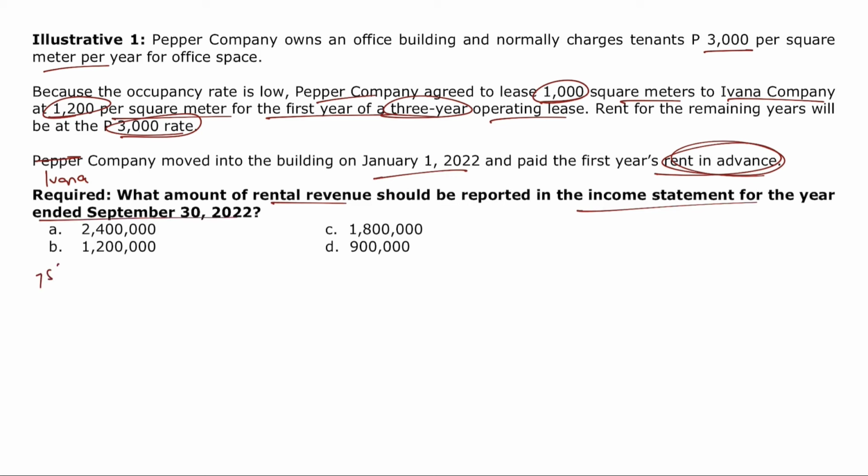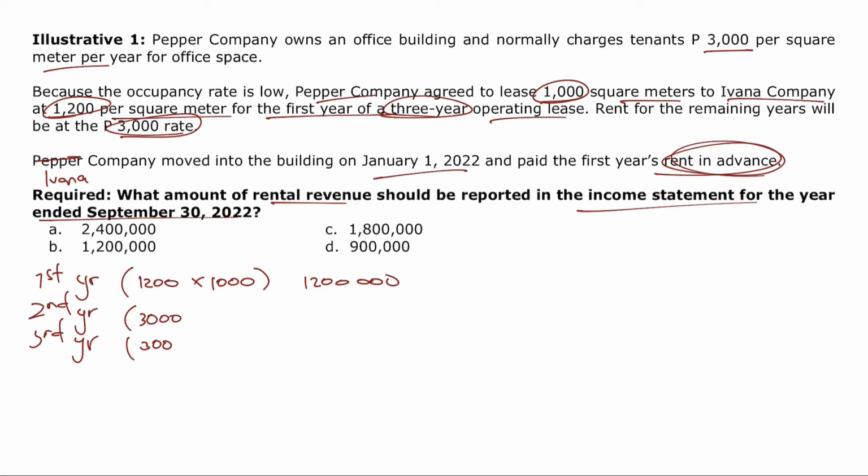Okay? So, here sa first year, magkano ang ating marireceive? Will be 1,200 times 1,000 square meters, or this is equal to 1.2 million. Okay? Sa second year at saka sa third year, well, ibang usapan na. Back to the original rate na 3,000 na dapat.